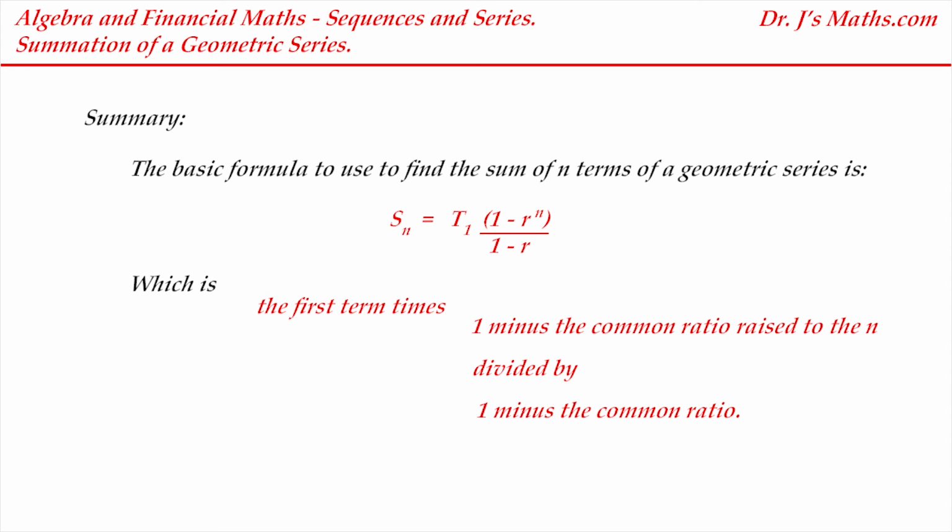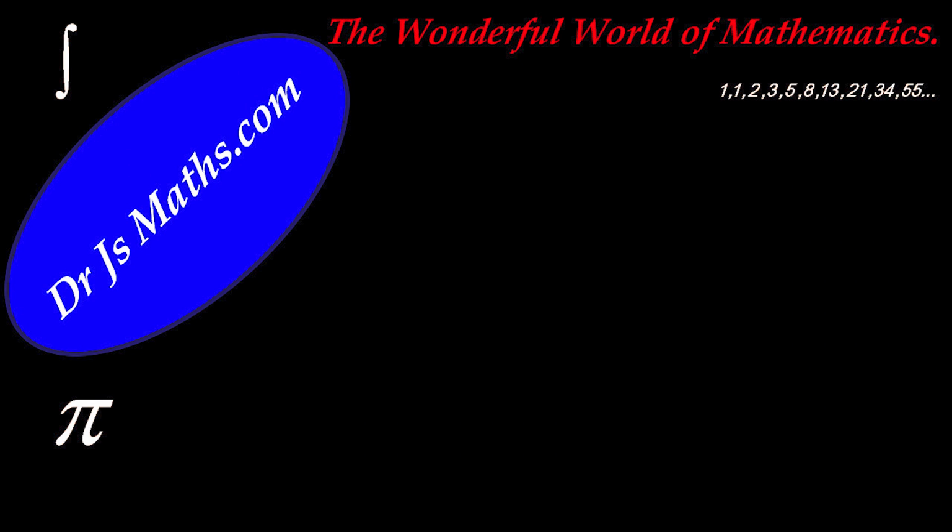So easy, so simple. Excellent. So you now have the steps to apply to be able to calculate the sum of a geometric series, and there's variations within that, of course. Hope I've helped you to clarify the approach.